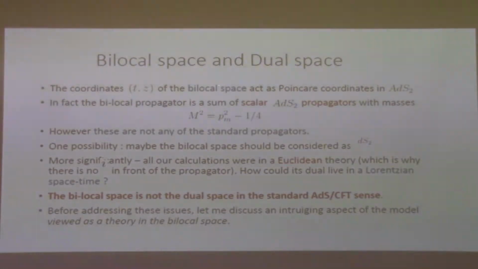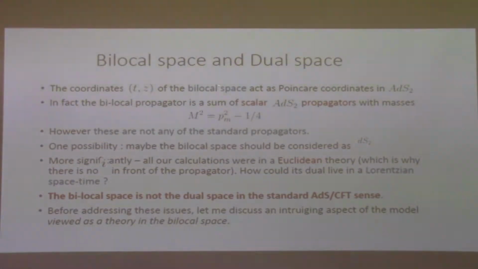However, in fact, the bilocal propagator is the sum of scalar AdS2 propagators. Those AdS2 propagators are not, of course, the standard propagators. These are propagators with some non-standard boundary conditions at the Poincare horizon. This is because of these combinations of the Bessel functions, not the Bessel functions themselves.